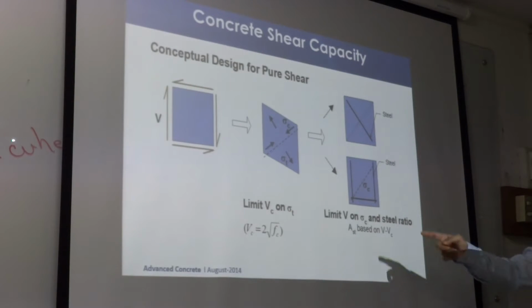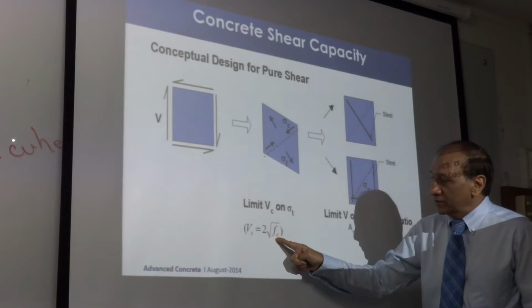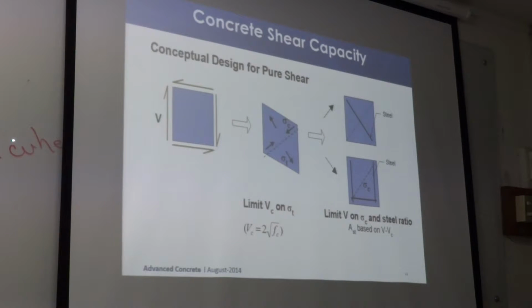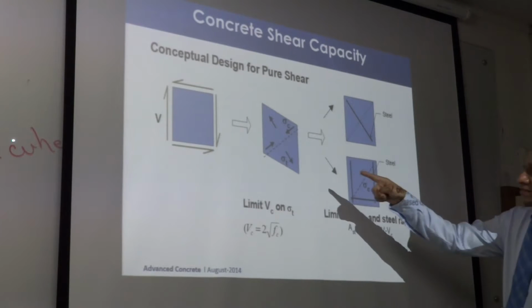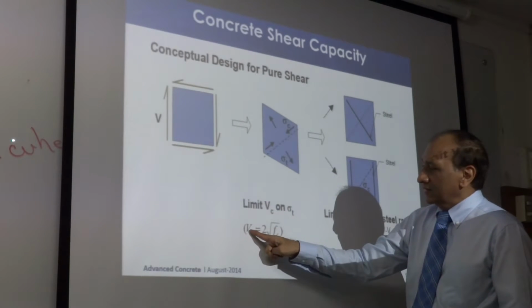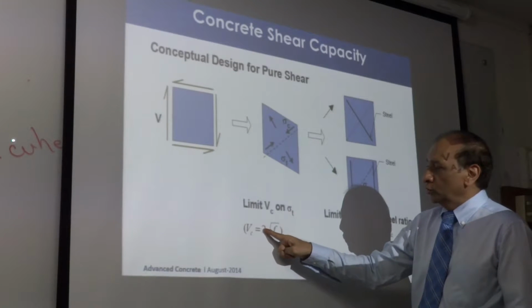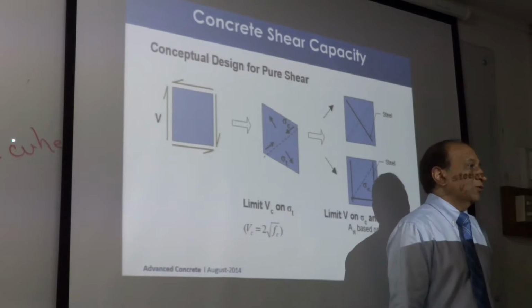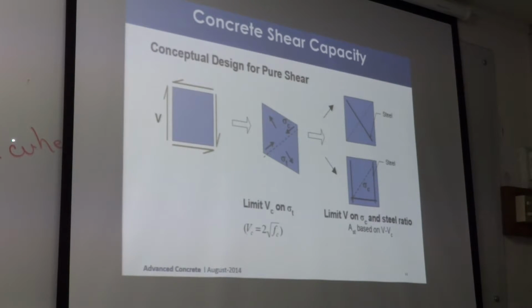Correct? And last time I told you that every time you see root FC prime, that is the tension capacity of the concrete. So that means we are saying that concrete can take a stress equal to 2 times under root FC prime. This is the equation from ACI in MKS unit, and in foot-pound unit, in other units this number 2 could be something else, right?